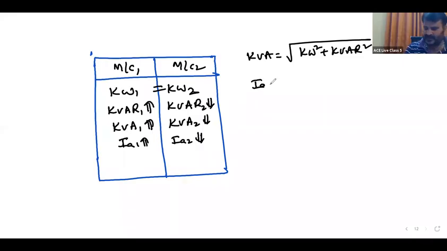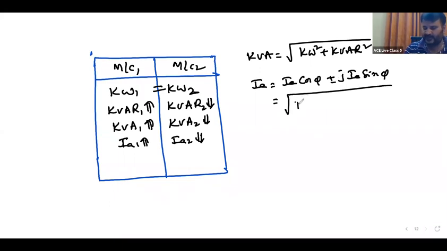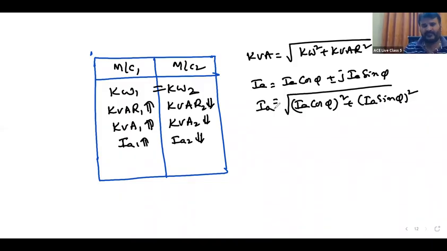IA will have two components: IA cos phi plus or minus j IA sin phi. Magnitude is the square root of IA cos phi square plus IA sin phi square. In this, which component is changing? Is it IA cos phi or IA sin phi?